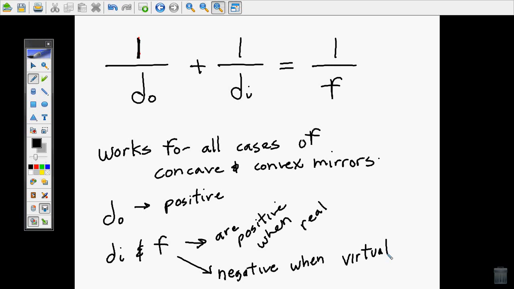For the focal lengths, a concave mirror, the first batch that we did, those focal points were real. So the focal length is going to be positive for concave. But for convex, it's a virtual focal point, so the focal length is always going to be negative.